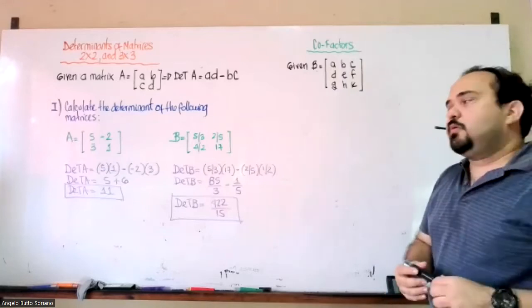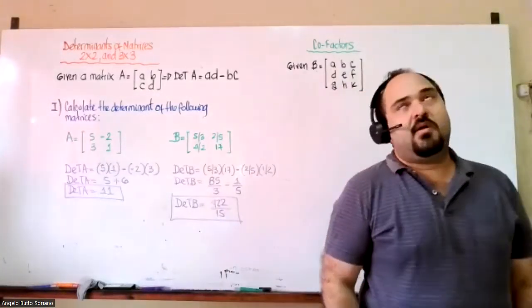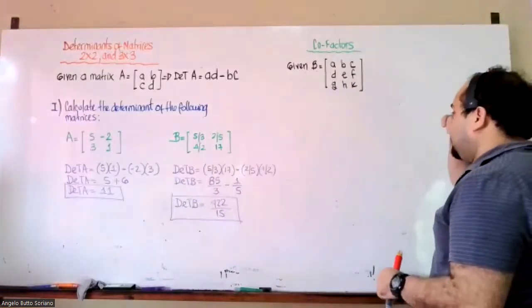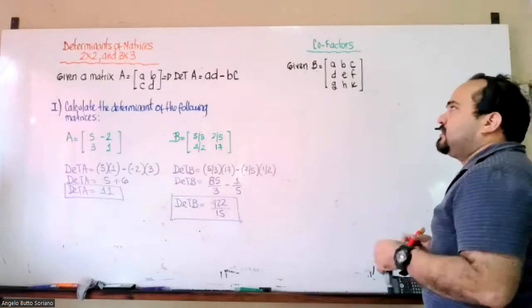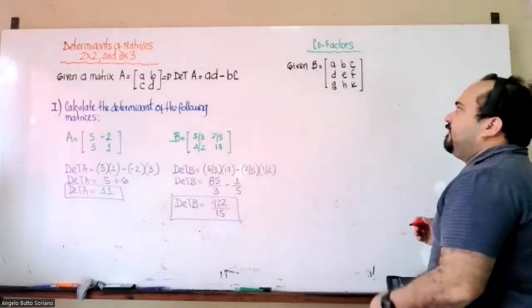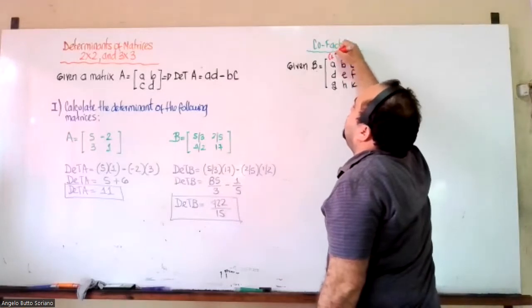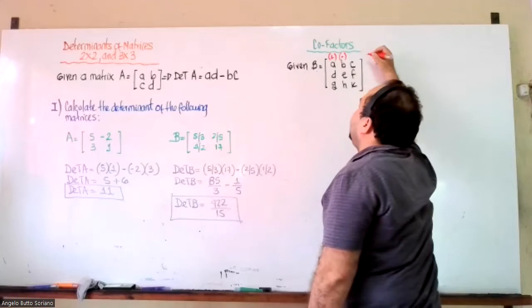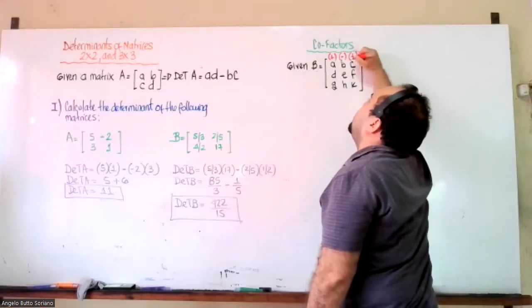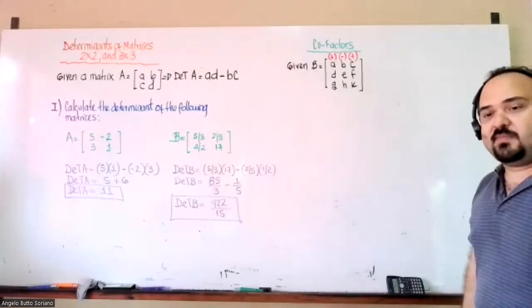And for the first row, we have a set of signs assigned already. This is the default setting in this formula for cofactors. Always before the first number will be located a positive sign, the middle one will be negative, and the third one, the default sign will be positive.